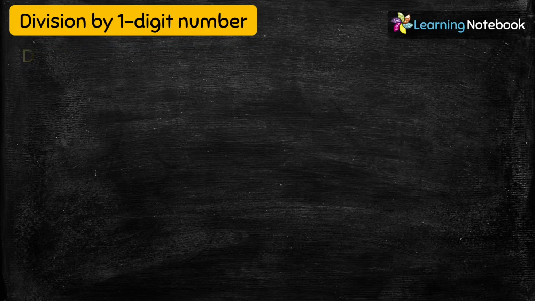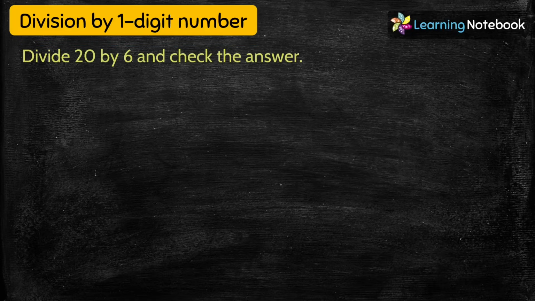Let's do a question to understand division by one digit number and also how to check the division. Question is divide 20 by 6 and then check your answer. To divide these two numbers, we will form a tent and we will put dividend 20 inside the tent and divisor 6 outside the tent.